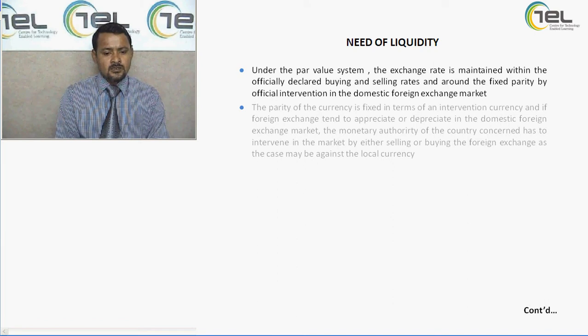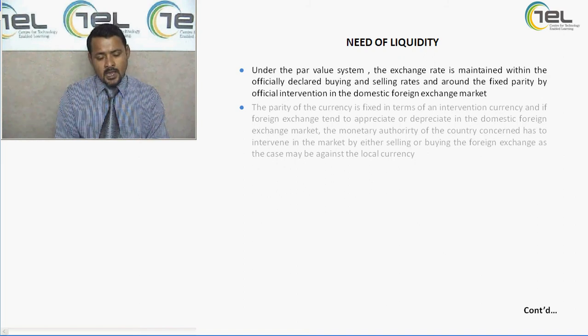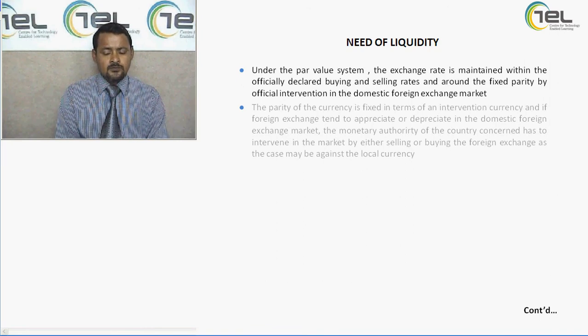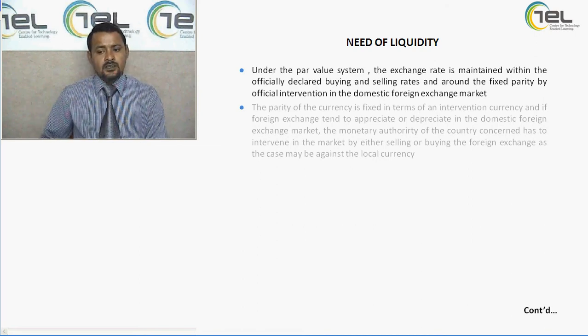Under the par value system, the exchange rate is maintained within the officially declared range. A buying and selling rate is maintained around the fixed parity by official intervention, by the intervention of the Reserve Bank of India in the domestic foreign exchange market. The parity of the currency is fixed in terms of an intervention currency, and if foreign exchange tends to appreciate or depreciate in the domestic foreign exchange market, then the monetary authority will come forward.